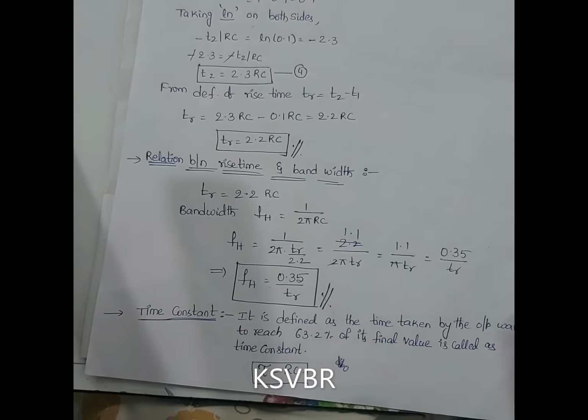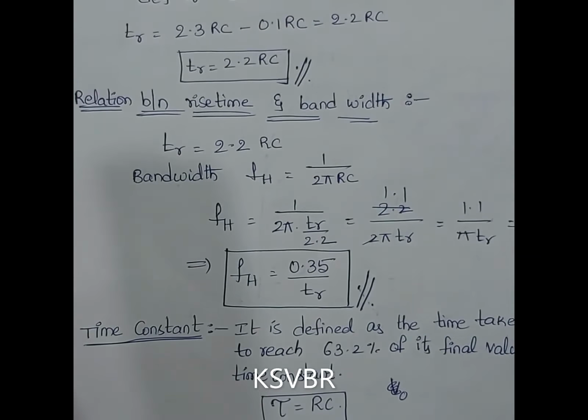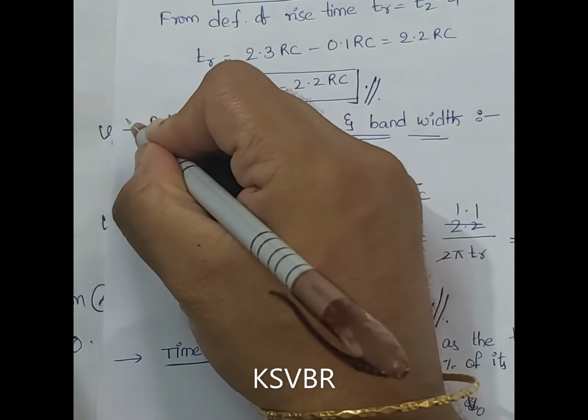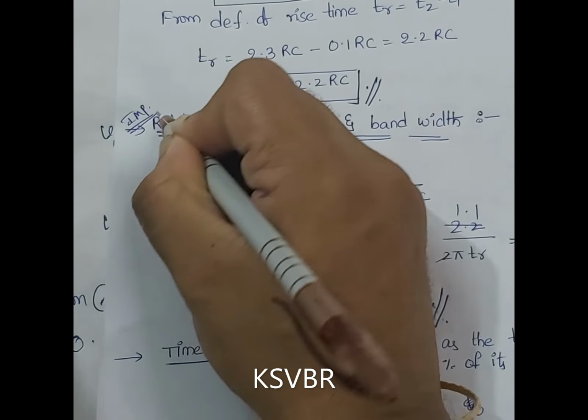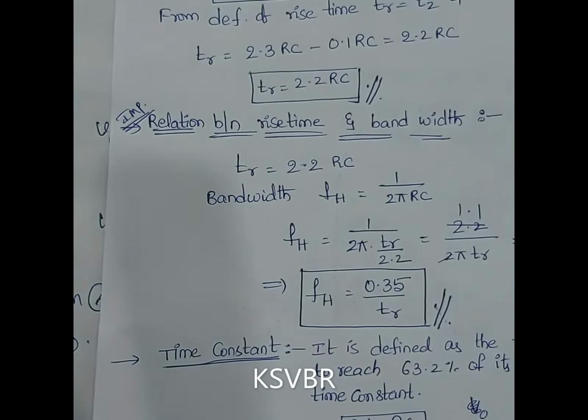And another point is there, that is the relationship between rise time and bandwidth. This is a very important concept for 2 marks. TR is equal to, we have derived, 2.2 RC. What is the bandwidth?